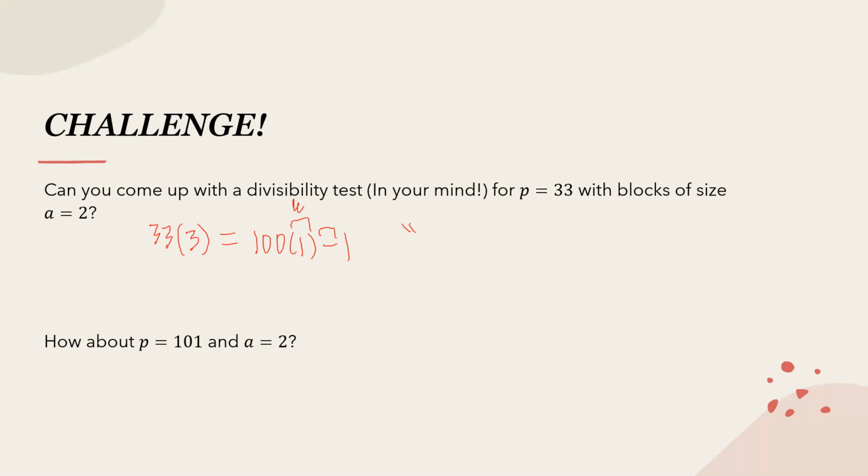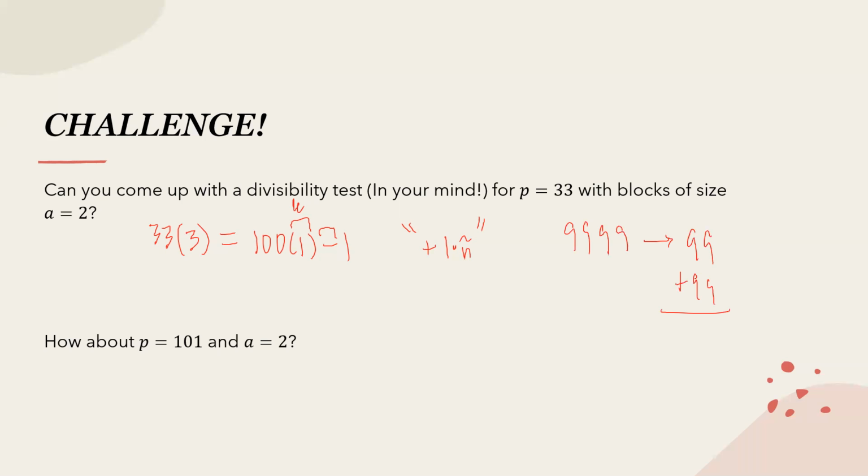So you're saying you just add 1 times the last block in this particular case, yes? Okay. Let's just try it with something that obviously works, like 9999, with blocks of size 2. I can just go 99 plus 99.